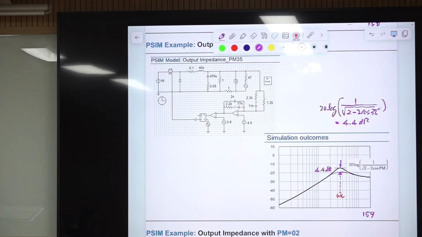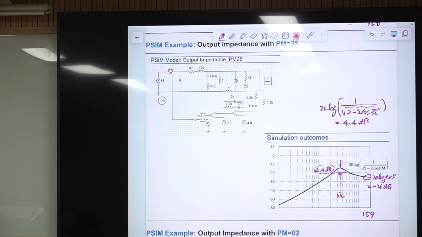And the high frequency value is again 20 log Rc, with Rc being 0.05. This is minus 26 dB, and this value, they're very close.